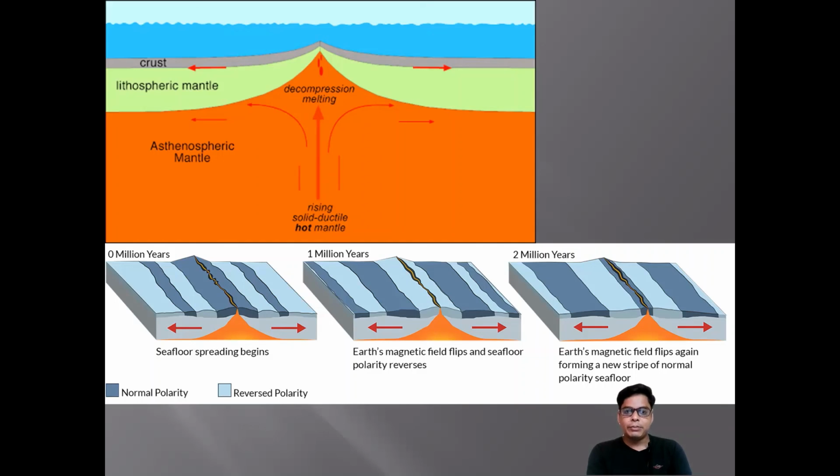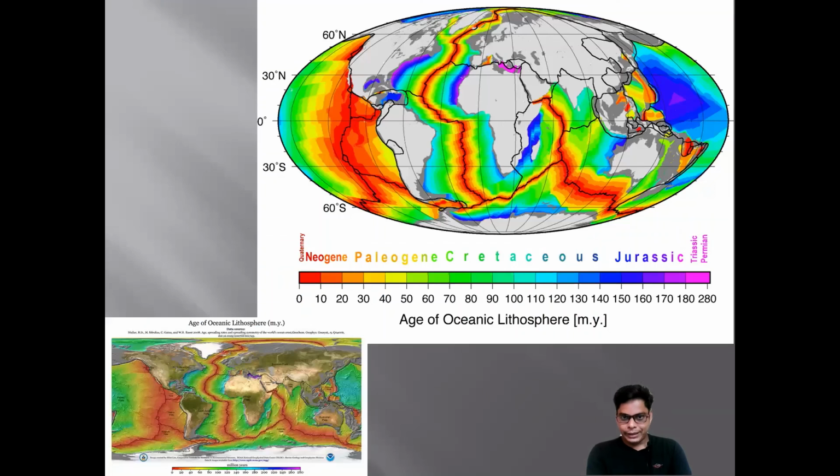Perhaps you can see in my background one of the diagrams, where you can see the red, then yellow to green, green to blue. This shows the age of the rock bed on the ocean floor.